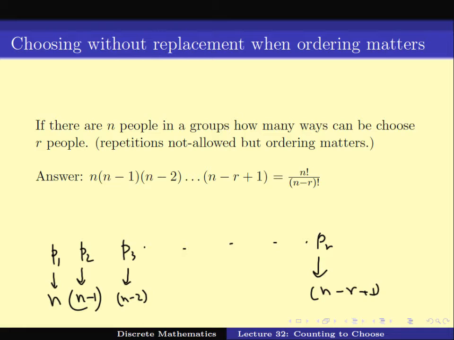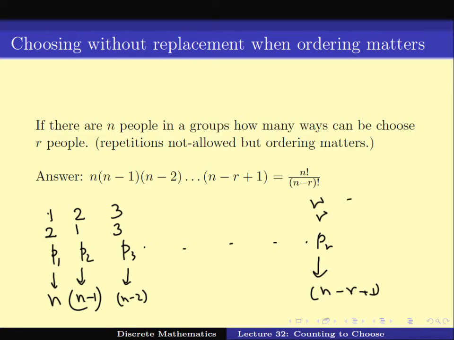Right? Now note that ordering matters in the sense that if I pick constable 1 here, constable 2 here, constable 3 here, and constable r here, that is different from constable 1 here, 2 there, and 3, 4 and so on arranged differently.